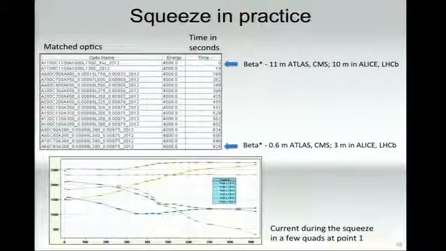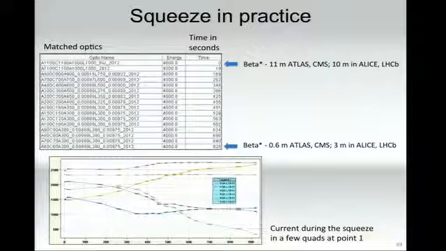In practice, we're running from the high beta to the low beta through a series of matched optics. These are strengths in all the quadrupoles involved. I showed you the plot yesterday. We go from the IP, from the triplets, out into the arcs. Practically this is done by sending currents to the power converters, initiated with a timing event.